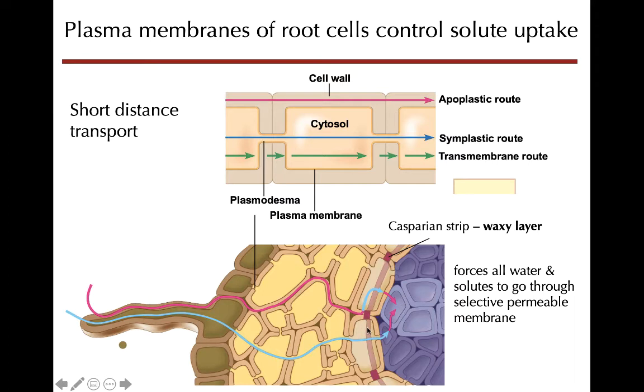So this actually wraps around the whole cell. And waxes are lipids, and lipids, as we know, are hydrophobic. So that means when the water and minerals get to this Casparian strip, the waxy layer, they can't get through, hydrophobic, hydrophilic. And so then they are shunted into the cell, and then have to go, if they get in, across the membrane, and then there's more regulation.